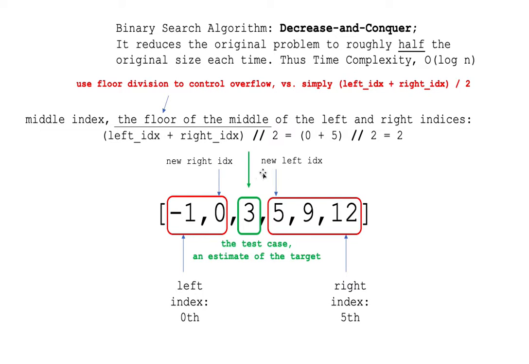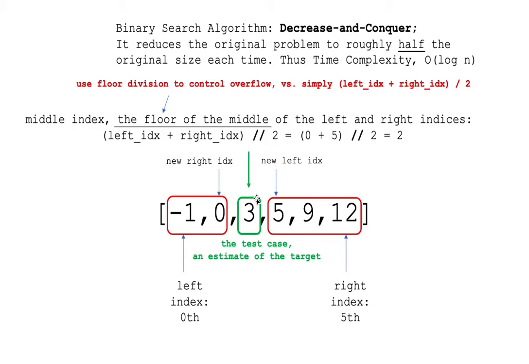Depending on whether the middle element is the same as the target or not, we move to the next step. If it's the same as the target, then we return the middle index. If the middle element is larger than the target, it implies the target must exist in the left half chunk of the remaining array. So we move the right index to the immediate left of the middle index to form the new right index.